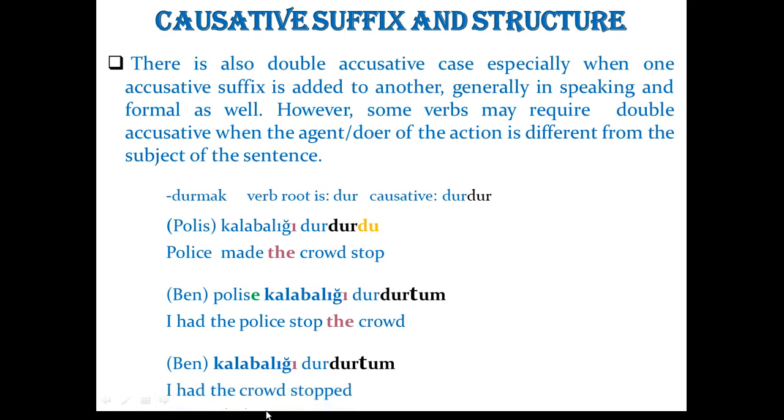I had the crowd stopped, for example, by the police. So for that reason, again, I use double causative suffix te added to previous causative suffix dur. So I hope you understood the difference between these two and this one here.